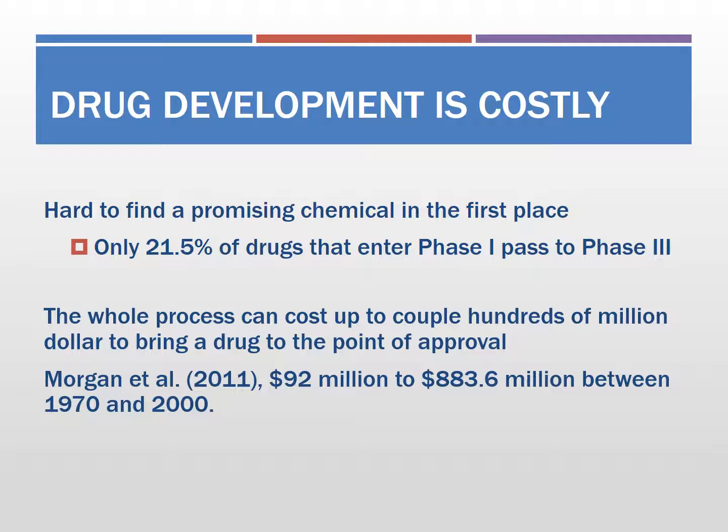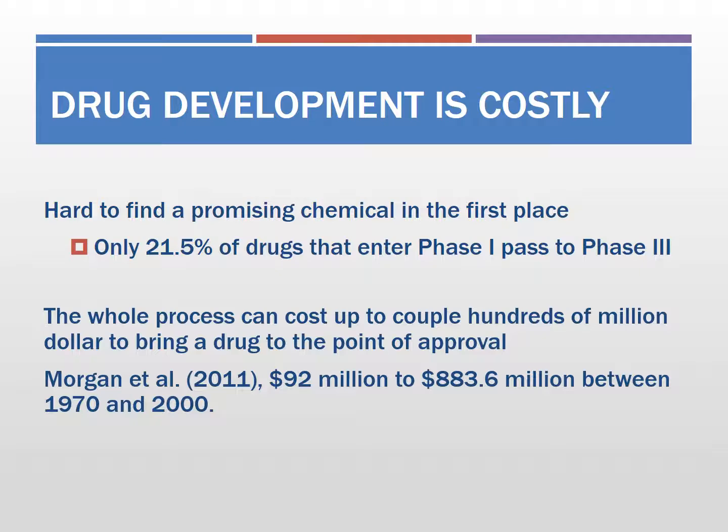In 2011, the cost for getting a drug to the approval stage usually ranged from $92 million to $883.3 million per drug, for the period from 1970 to 2000.